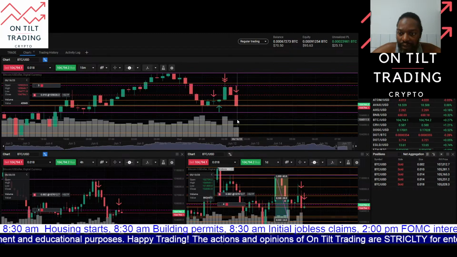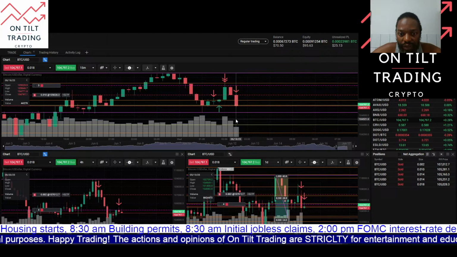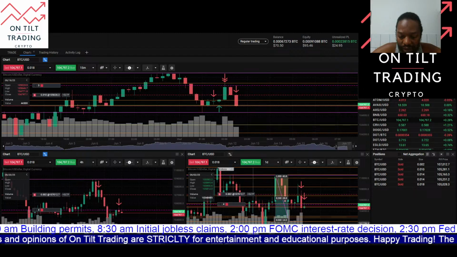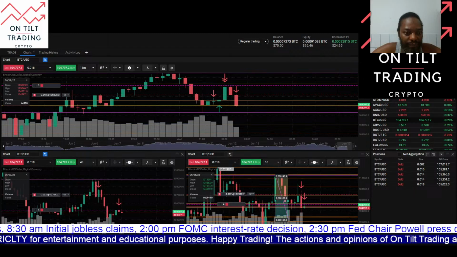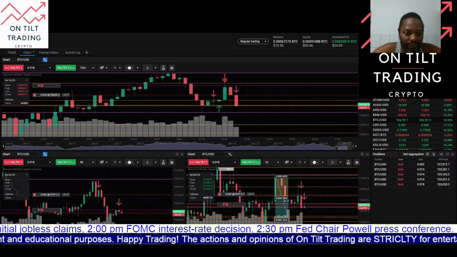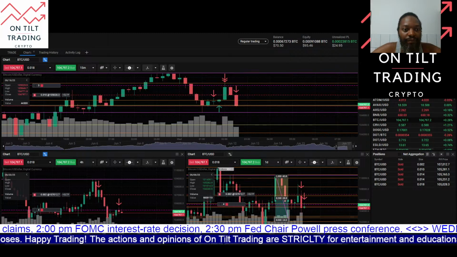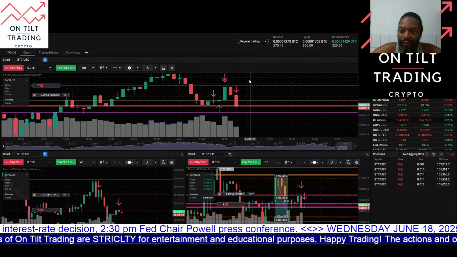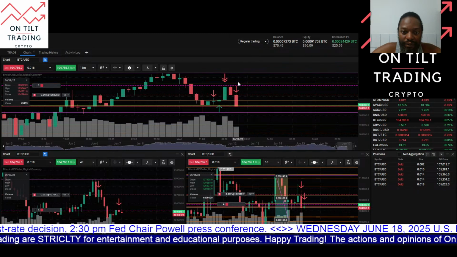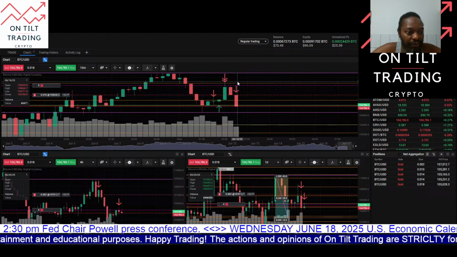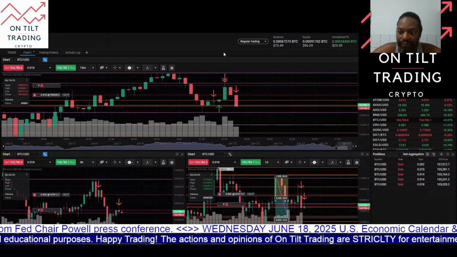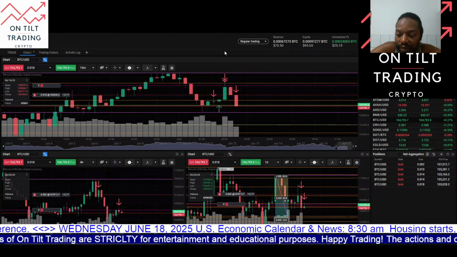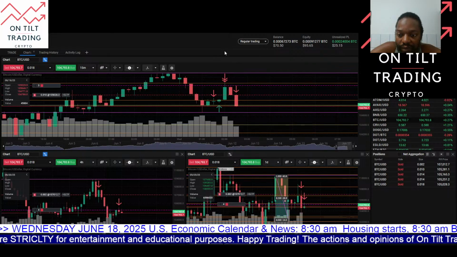Price consolidating here near the 104,800 level, trading just below a reactionary level. Price could potentially test the low of the candle. Price consolidating here at the 104,800 level still.